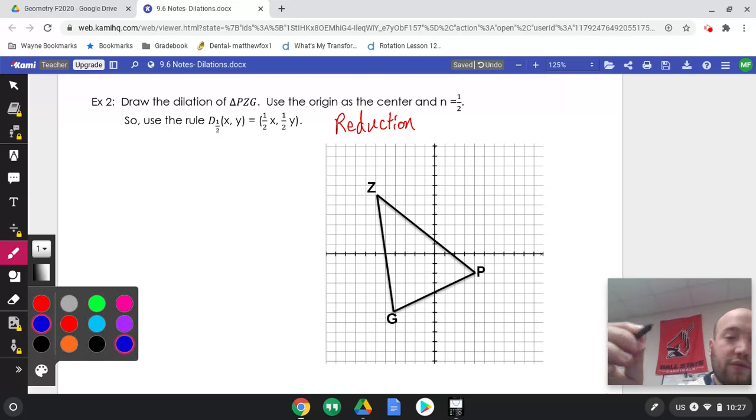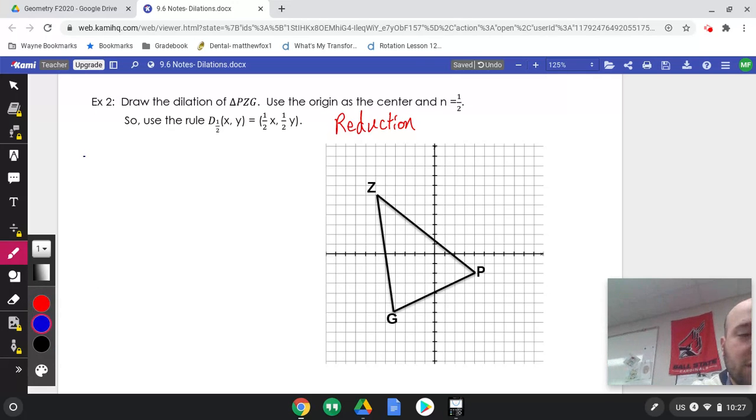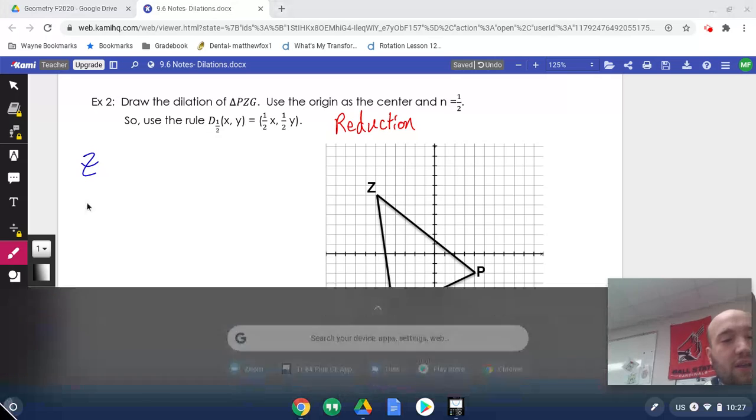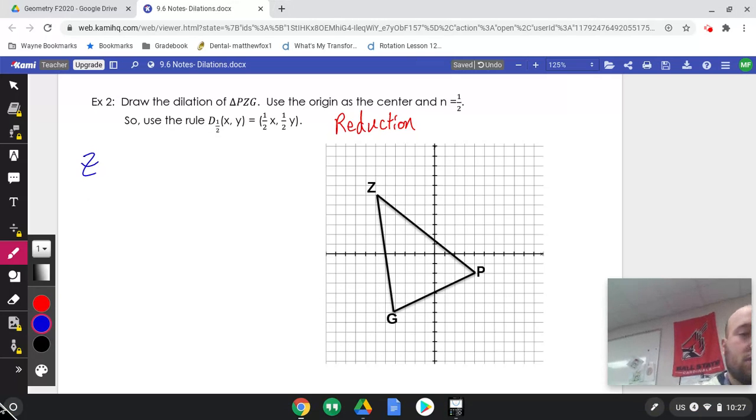So what we first need to do, once again, is find what Z, P, and G are. What are those coordinates? If we look here at Z, it's left 1, 2, 3, 4, 5, 6, up 1, 2, 3, 4, 5, 6.